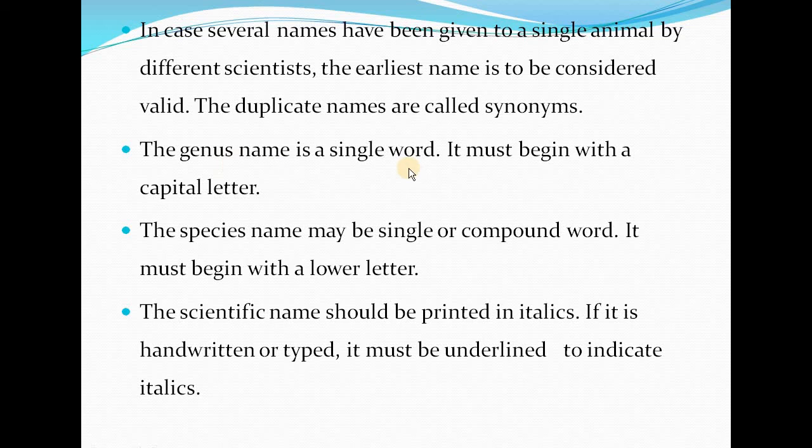The genus name is a single word and it must begin with a capital letter, as we have already discussed. The species name may be a single or compound word. It must begin with a lowercase letter. The scientific name should be printed in italics. If it is handwritten or typed, it must be underlined to indicate the italics.